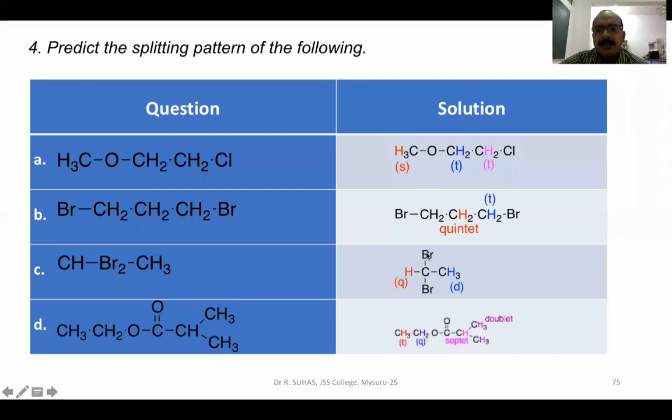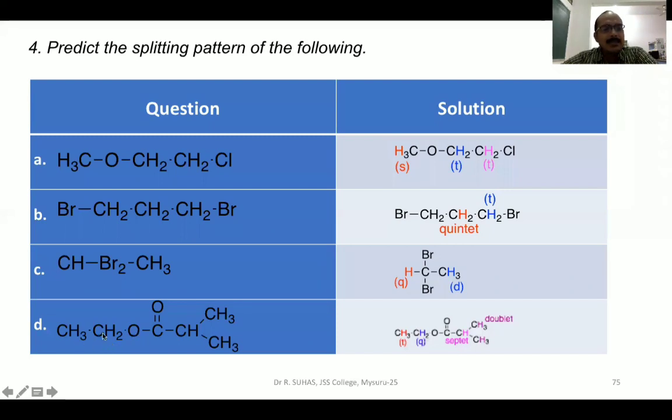Now we have to check, this is Br, Br, this will not involve any NMR, whereas these 2 protons will show NMR. So this H has the neighbor CH3. So CH3, 3 plus 1 is 4, that is a quartet, and this proton has only 1 neighbor, 1 plus 1 is 2, that is a doublet.